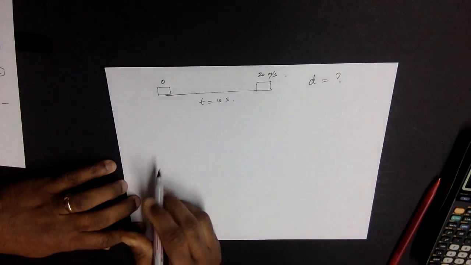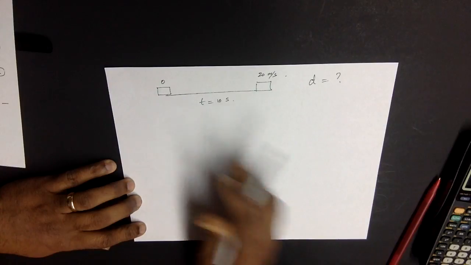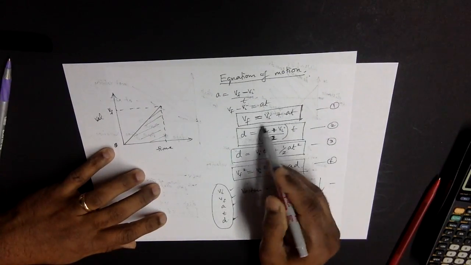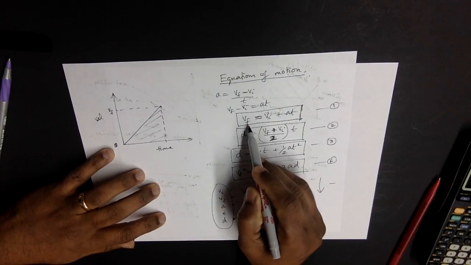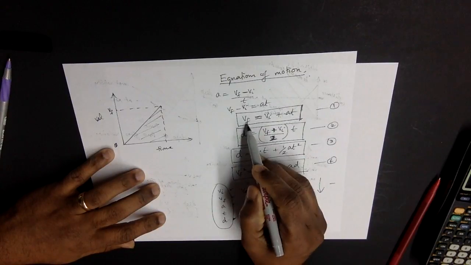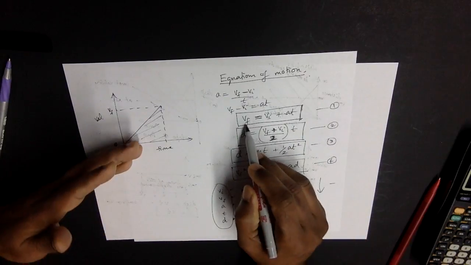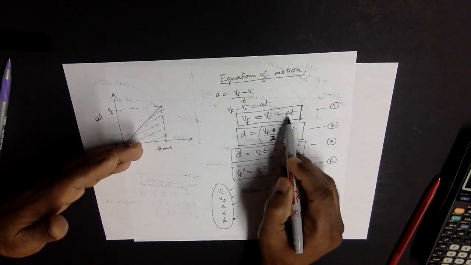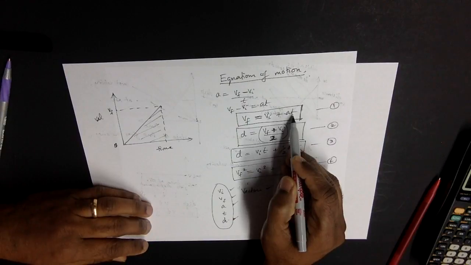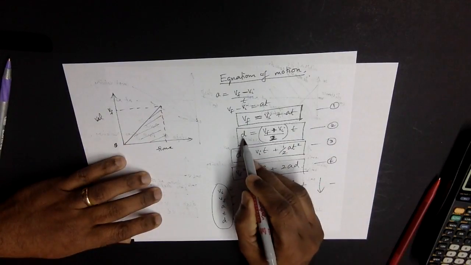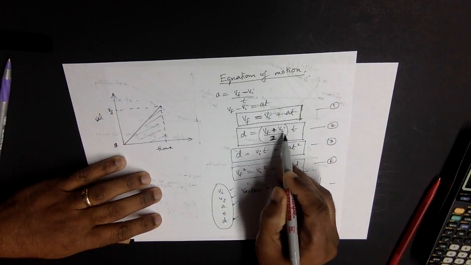So what we need to do is this. You know that all these equations, how many variables are there in this equation? There are 4. 1, 2, 3, 4. So if you know 3 of those variables, can you find the 4th one? Yes. How many variables are here? 1, 2, 3, 4.